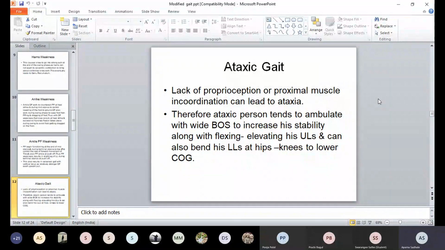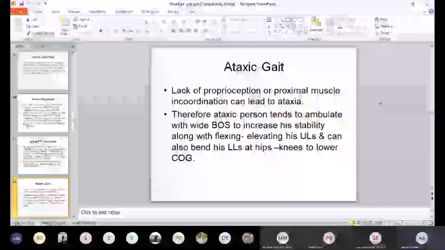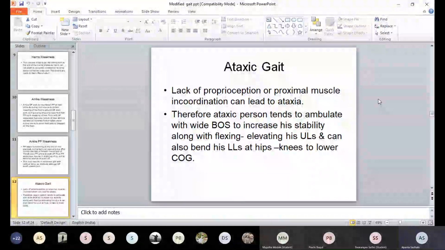Then there is also a problem between agonist and antagonist co-contraction. Ideally, whenever we start using the agonist, the antagonist has to relax or should not work, but this balance is disturbed, and therefore you get to see nystagmus. That is one more clinical feature. But I would say the crux of all cerebellar disorders, the problems that you see, have been narrated in your cerebellum lecture.